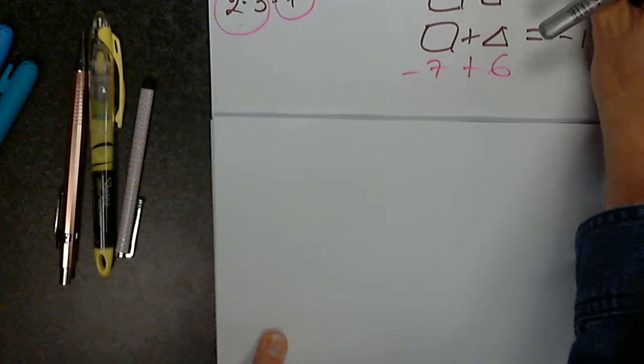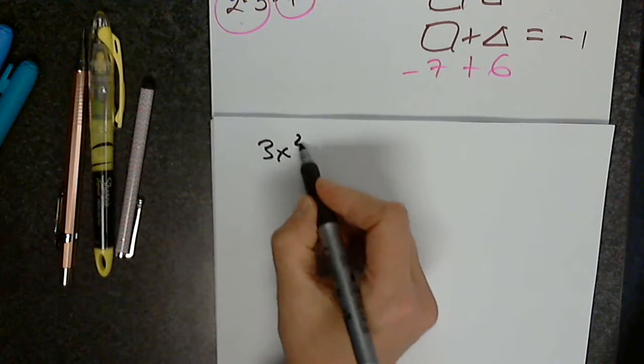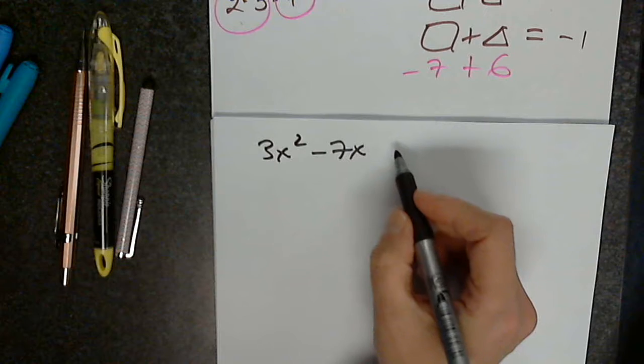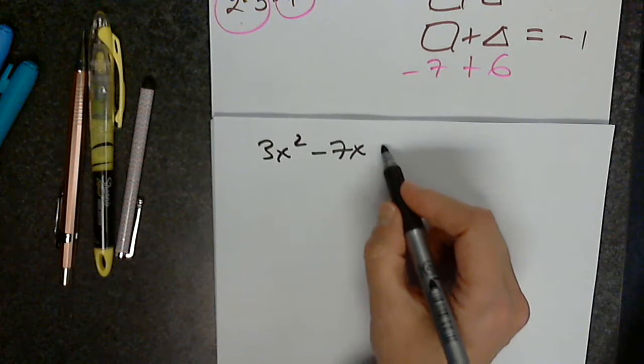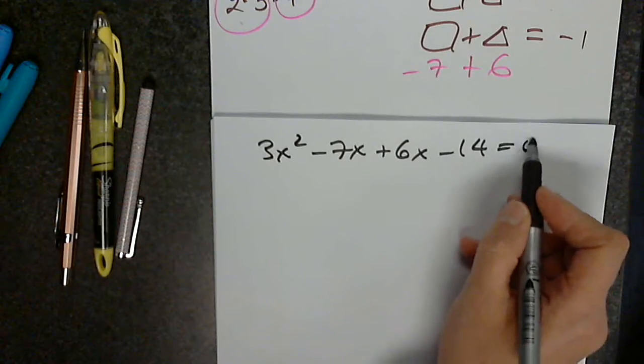So now I have to rewrite the equation. And how do I change the left-hand side? 3x squared, yes? Minus, no, plus. Very good. Set equal to 0. Perfect.